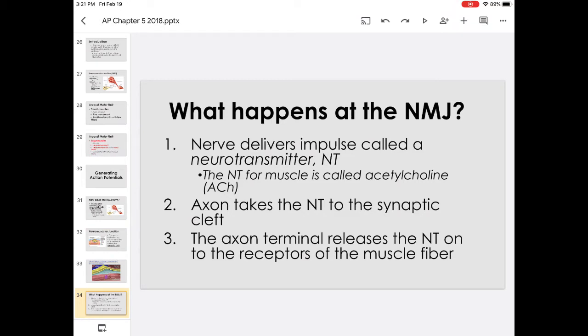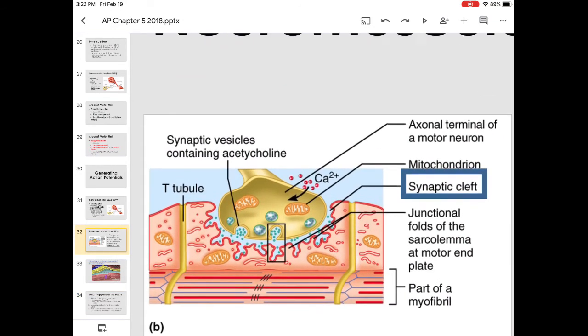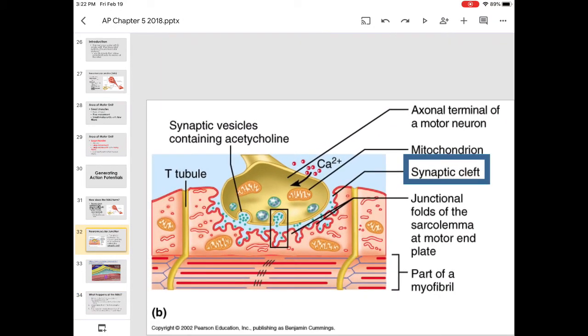The axon, which is the middle part that connects the neuron cell body to the axon terminal, is going to carry these neurotransmitters into the synaptic cleft. We saw the synaptic cleft in the previous slide. And the axon terminal is going to release these neurotransmitters onto the receptors that are located on the muscle fiber.